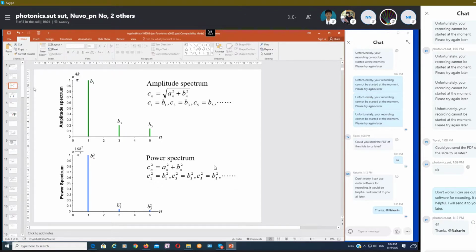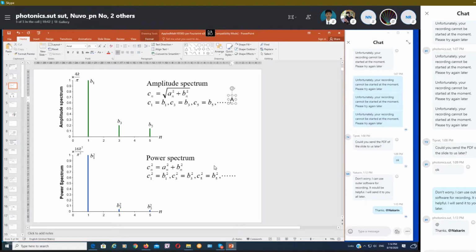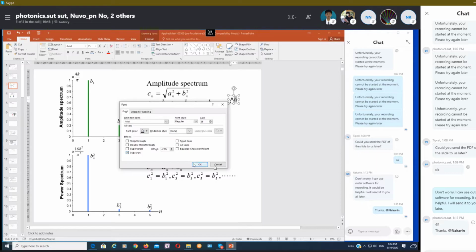Last time we said that the amplitude spectrum is equal to An, correct? From the complex Fourier series, this is in fact An. You still remember, right?